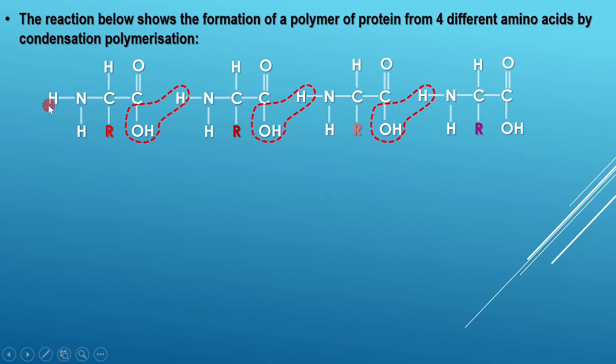So this one also comes out and this one, so that it will be like that. We have seen this and this. So this one can come out, so it will be like this.